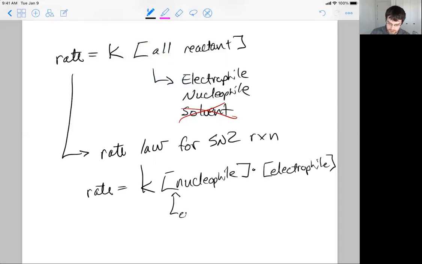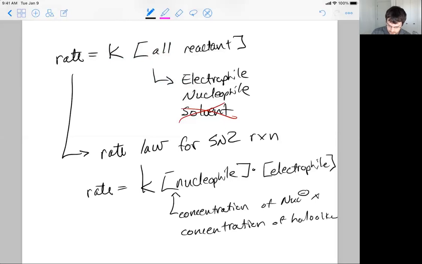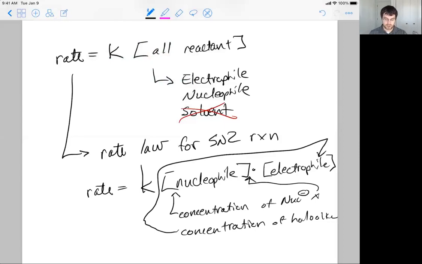So this is the concentration of nuke times the concentration of haloalkane, which is the concentration of our electrophile.